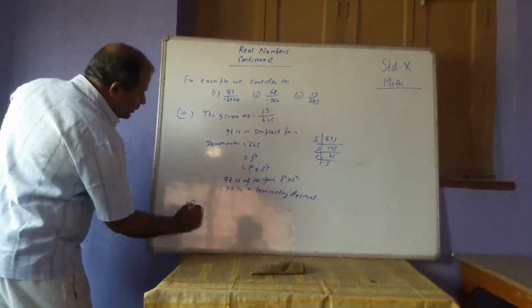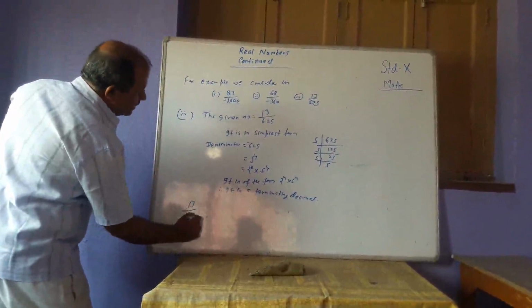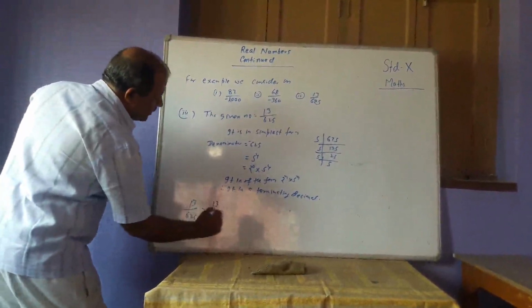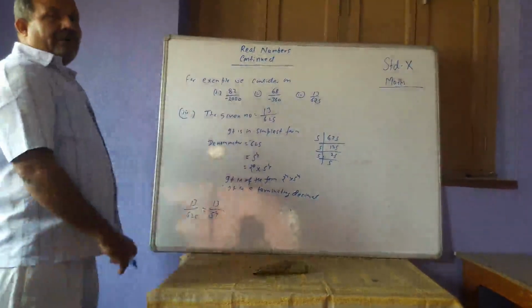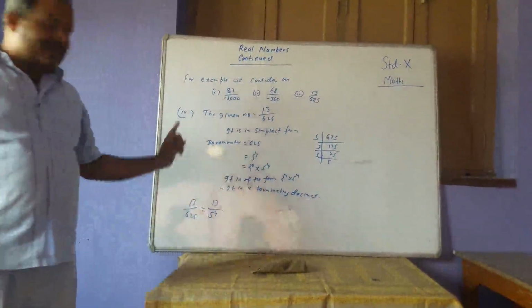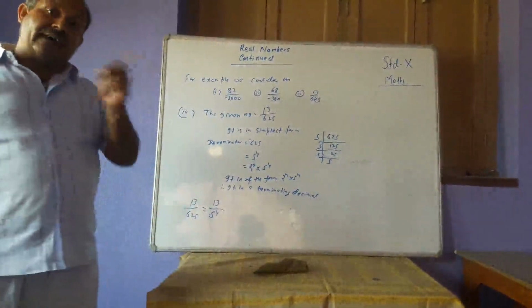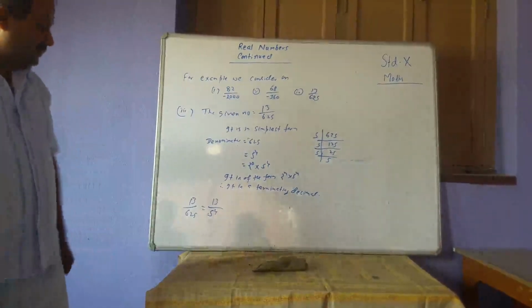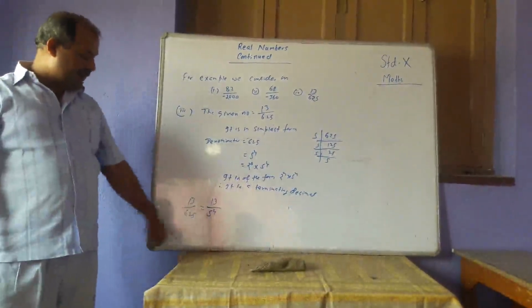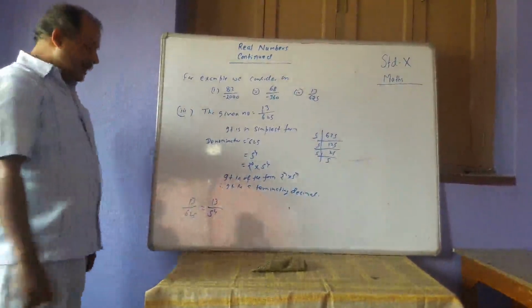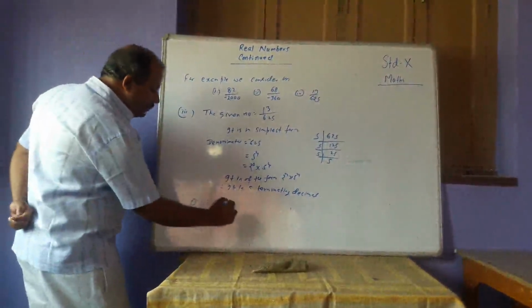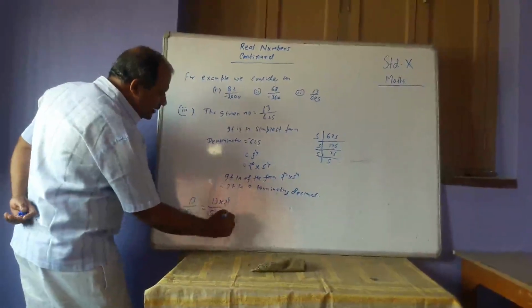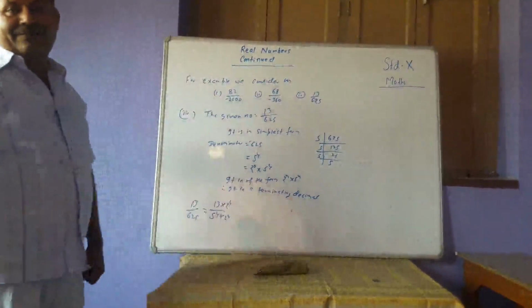Now, for 13 by 625, we have to find its decimal representation without actual division. How will you do it? Here we already have 5 to the power 4, and therefore we multiply both the numerator and denominator by 2 to the power 4.